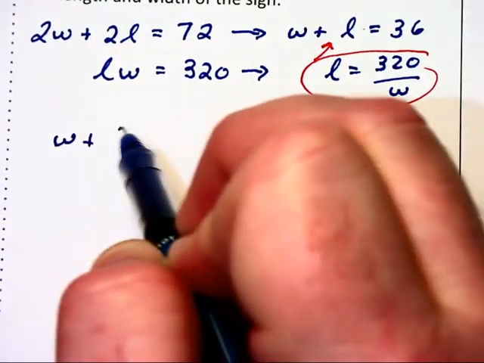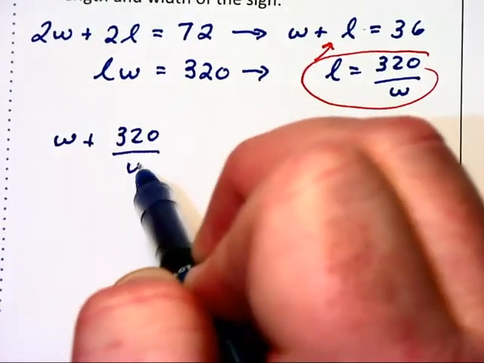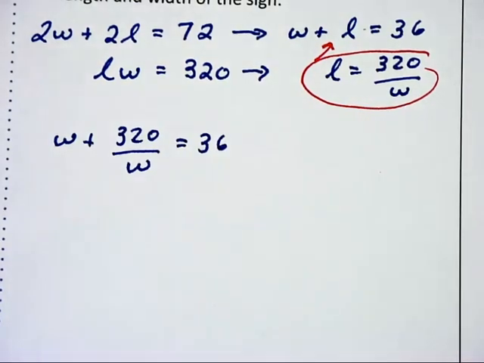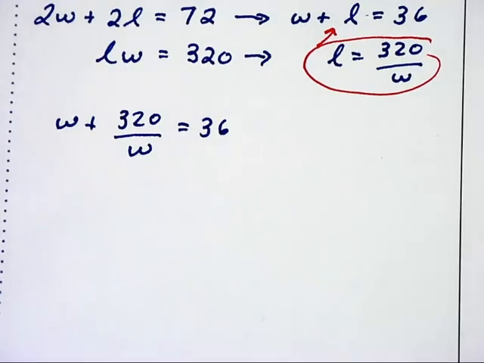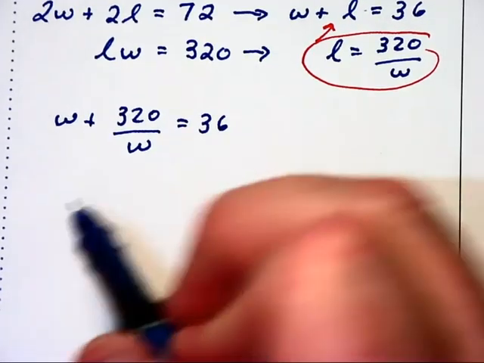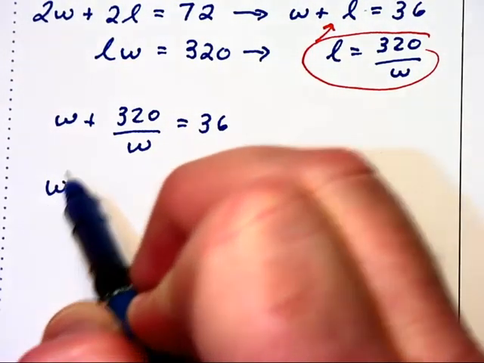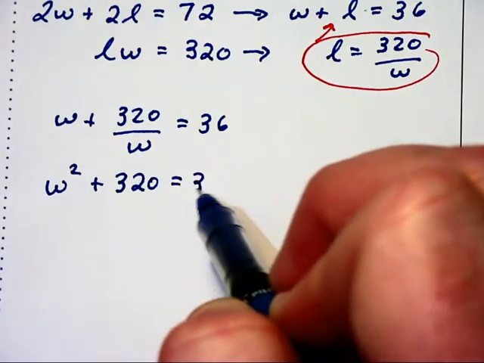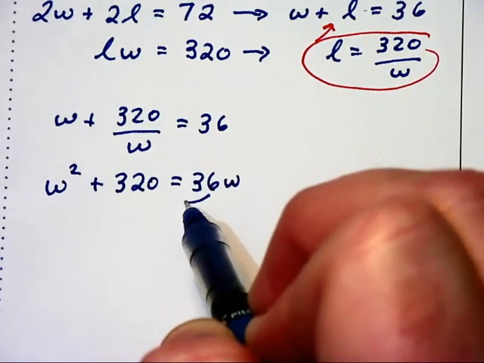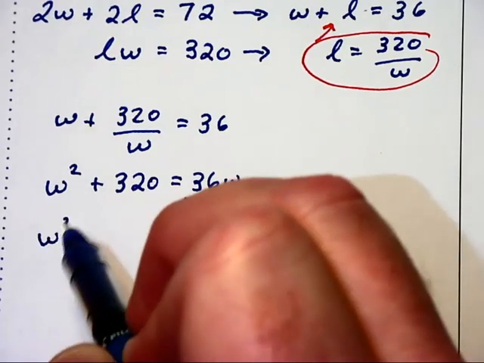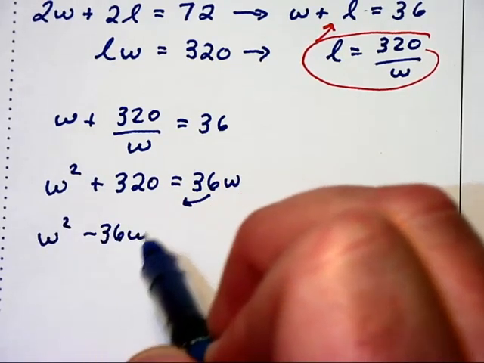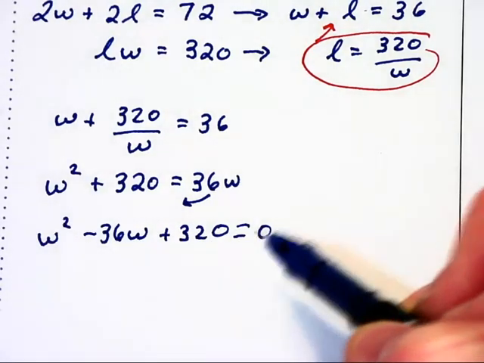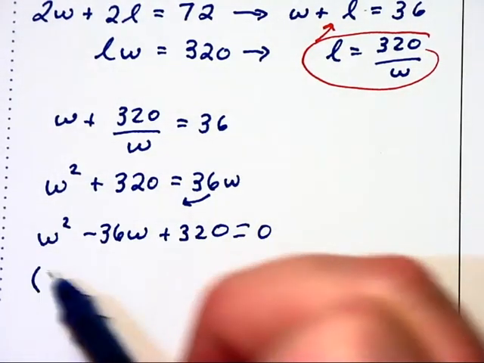W plus 320 over W is equal to 36. We don't like that rational equation, so we're going to multiply through by W on each side to get W squared plus 320 equals 36W. Subtract that to the left, W squared minus 36W plus 320 equals 0. And I'm going to factor this a little bit more quickly this time.